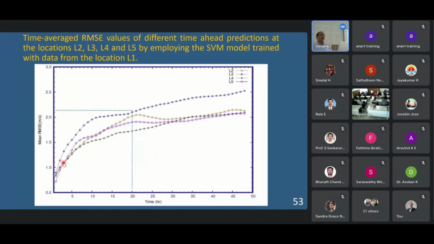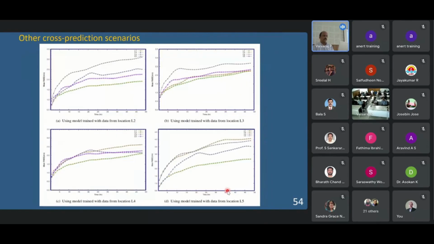In the next step, the cross-location scenario was tested. The model trained for location L1 was taken to L2, L3, L4 and L5 for prediction. This is how the averaged root mean square errors for different time-ahead predictions are plotted. Now I tried the other 4 combinations also.